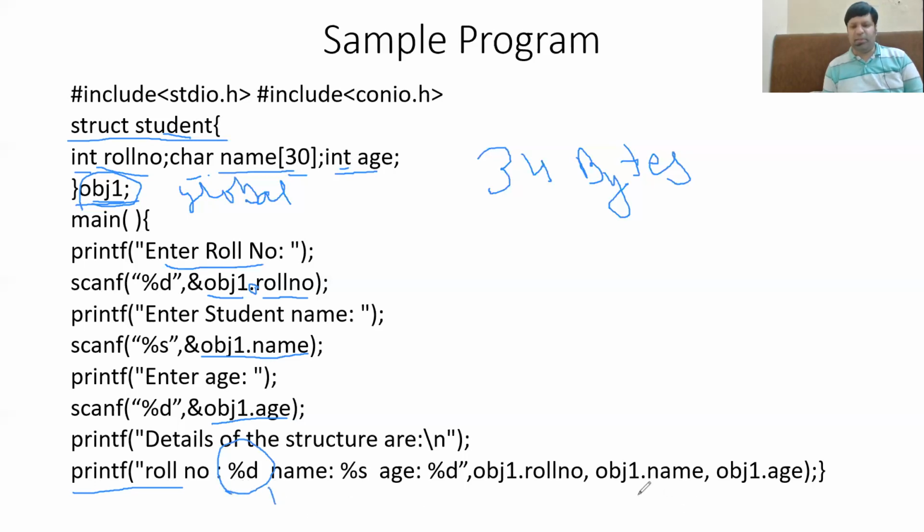This first element will be picked up from the list here, object 1 dot roll number. The second element to be displayed is of string data type, which will be picked up from here, that is object 1 dot name. So this is the second element. The third element is again of integer data type, that is, this is the third element, and it will be picked up from here.